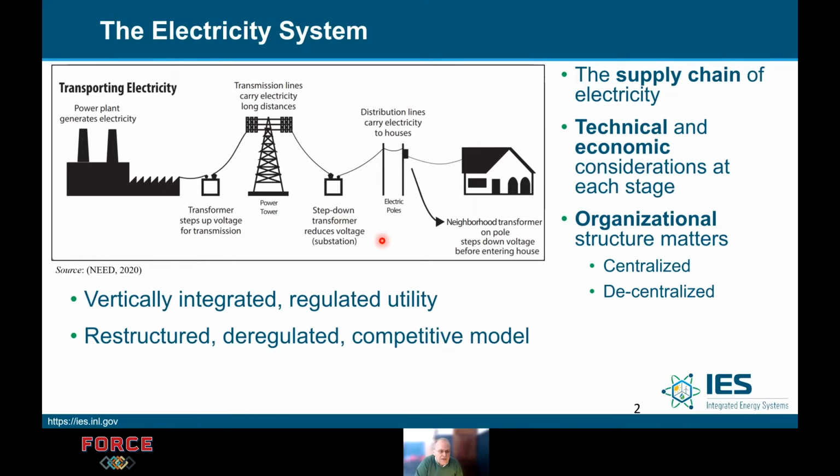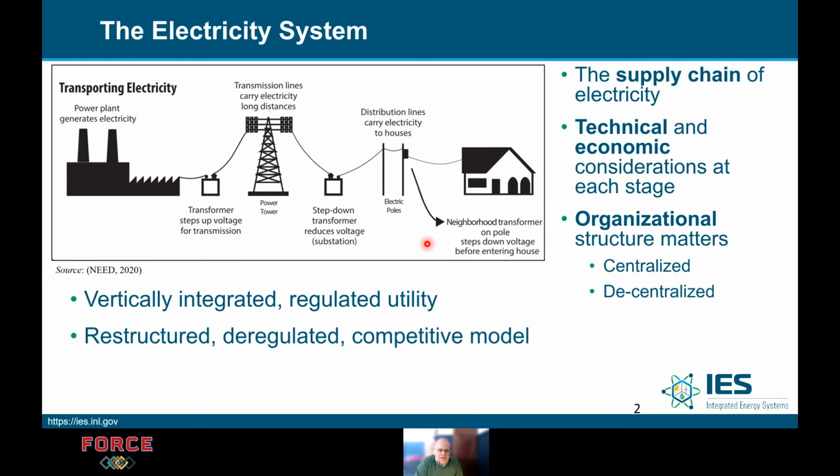Then it gets stepped down into a distribution network, and that distribution network takes the electricity to the end users, whether they be residential, commercial, institutional, or industrial customers.